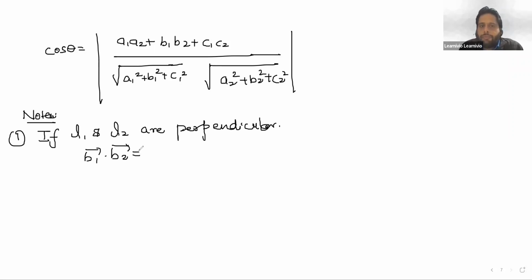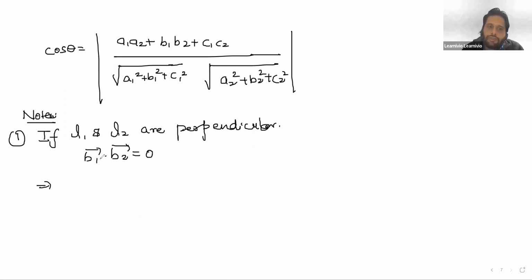Zero. If L1 and L2 are perpendicular, then the dot product will be 0. Why? Because we are getting cos 90, and cos 90 will make everything 0. So always remember, if two lines are perpendicular, the dot product will be 0.